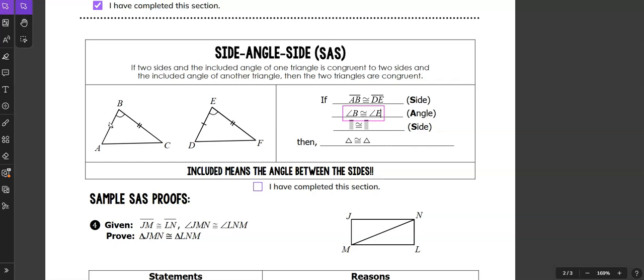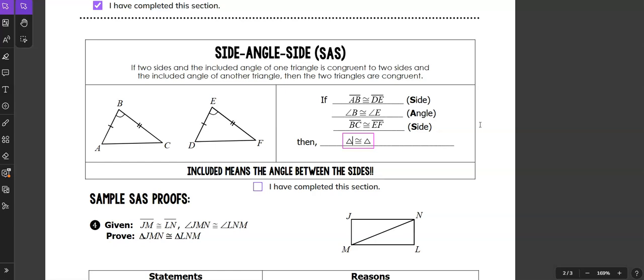The angle is in between the sides. All right, and then we have BC is congruent to EF. You'll notice that the included angle includes the endpoint of the segments that are joining the two that are congruent.